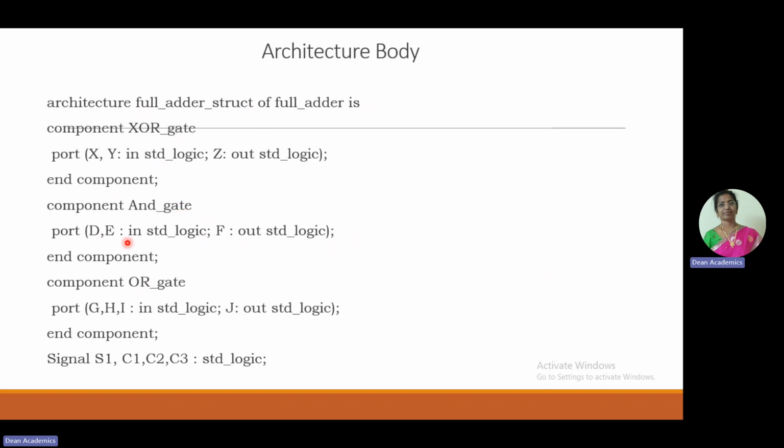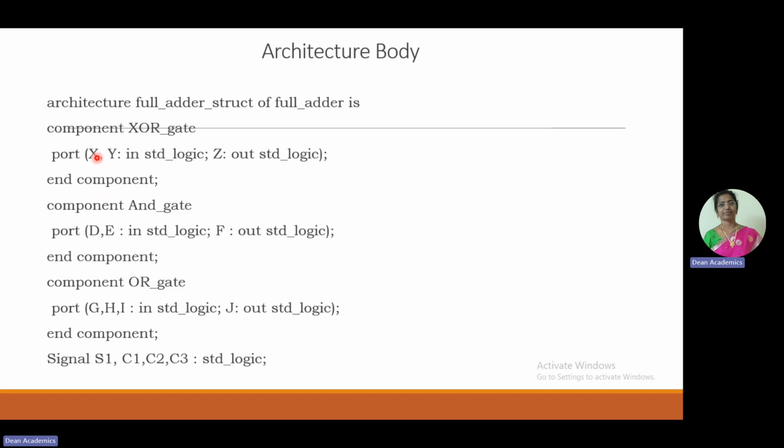And component AND gate, we are giving different names, port D, E in standard logic type, F out standard logic type, end component. Then component OR gate, a 3-input OR gate, with port G, H, I as input ports of standard logic type, J as the output port of standard logic type, and end component.